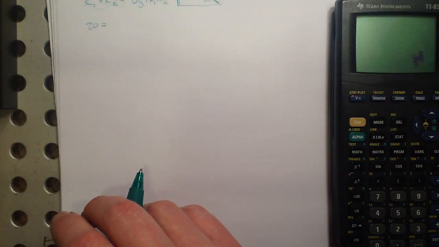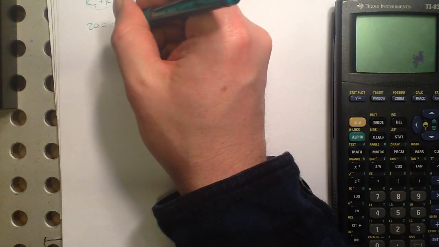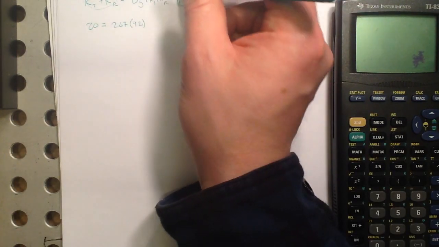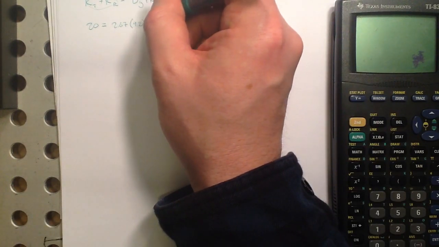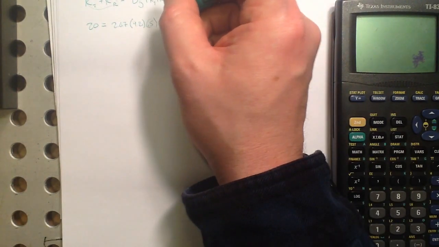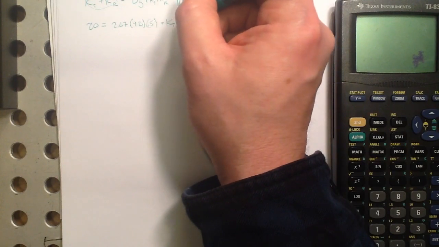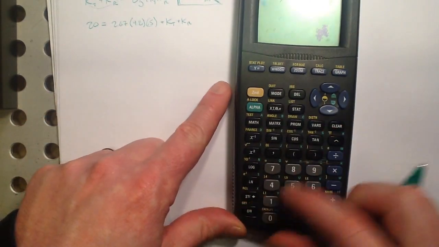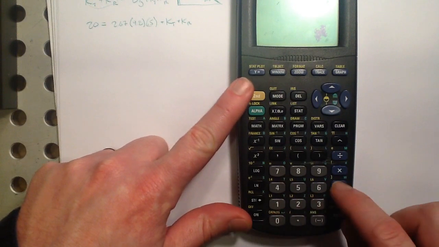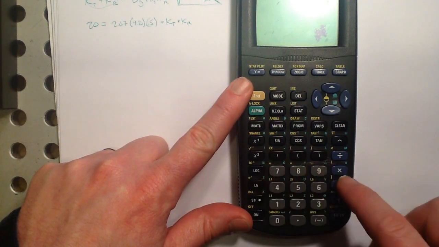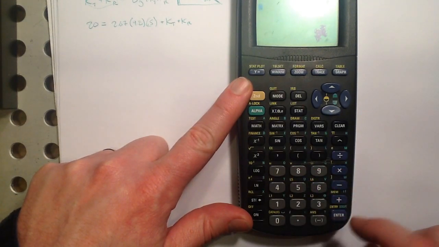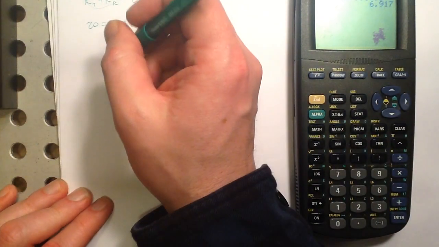It was 2.67, times g times the change in height, 0.5, plus that combination of those things. So I'll just subtract that over to the other side. I got 20 minus 2.67 times 9.8 times 0.5. So 6.9 about.